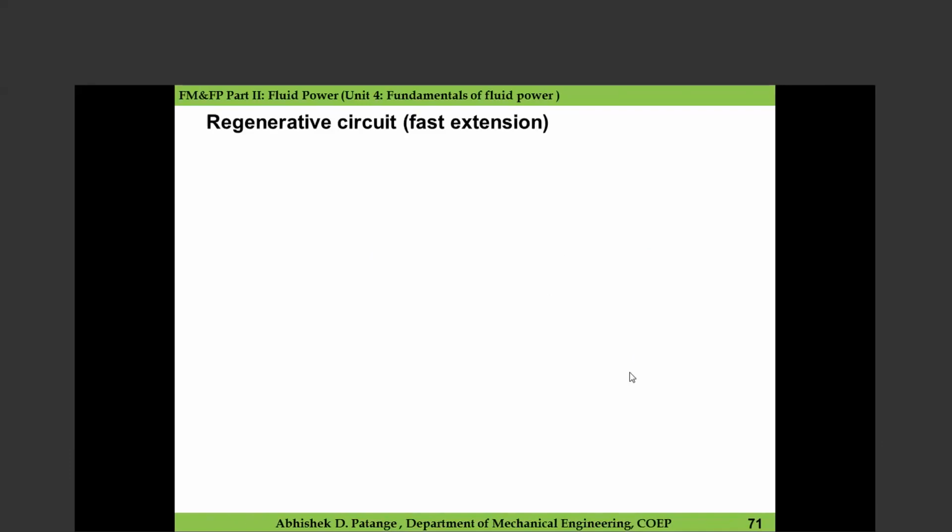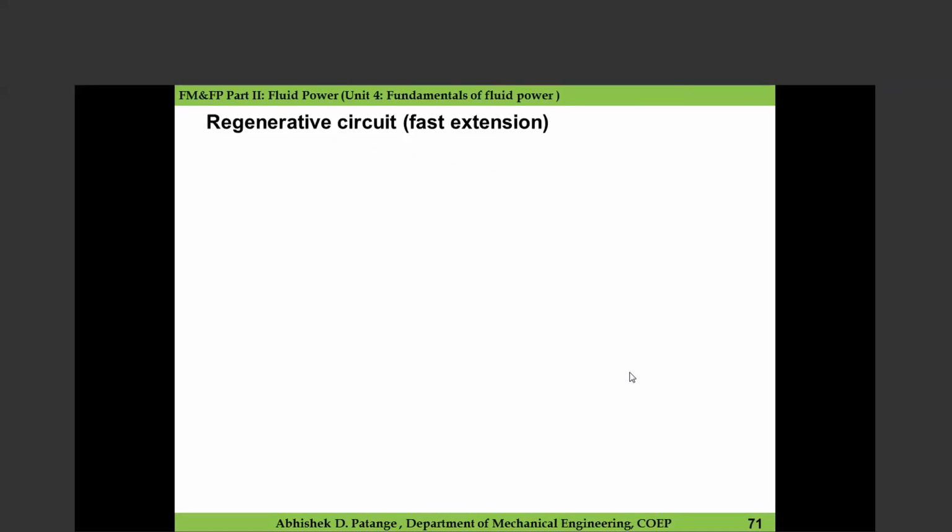The meaning of regenerative circuit is this: suppose we are considering extension stroke. As we know, for extension stroke, liquid will be added from the blank end, and liquid which is available at the rod end will be drained back to the tank.